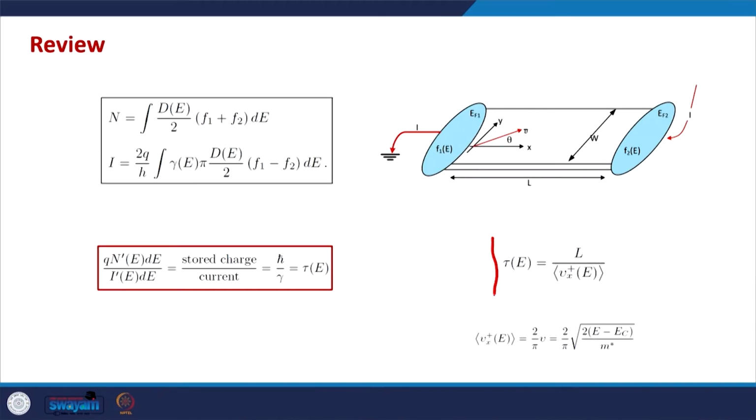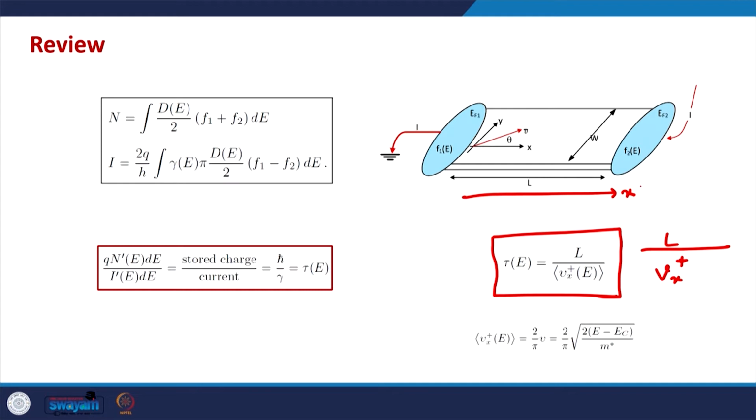After this, what we saw was that in a ballistic case, ballistic meaning when the electron starts from the source terminal and goes directly to the drain terminal, this expression tau E turns out to be L divided by the average of Vx plus, meaning the velocity of electrons in the positive x direction, which is the direction from the source to the drain.